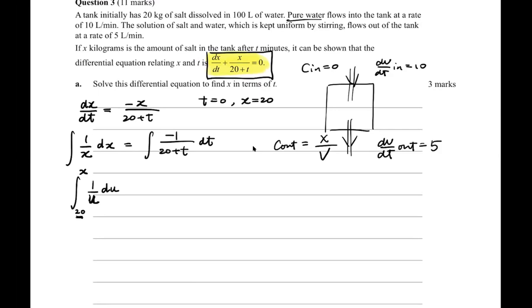But make sure you have a u here, okay? Different letter, okay? You can't use the same letter at all places on your left-hand side and right-hand side. Your right-hand side, okay, so it's 20 plus, let's say v, minus 1 dv. And this should give you 0 and a t, okay?